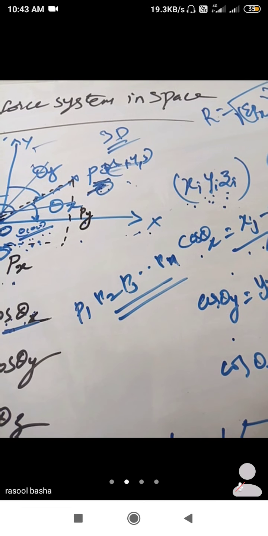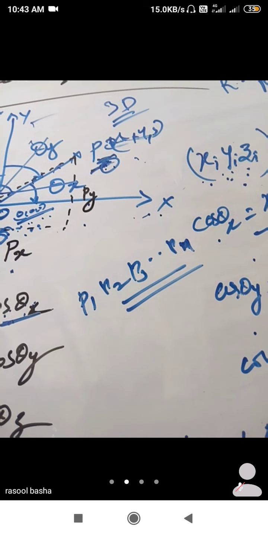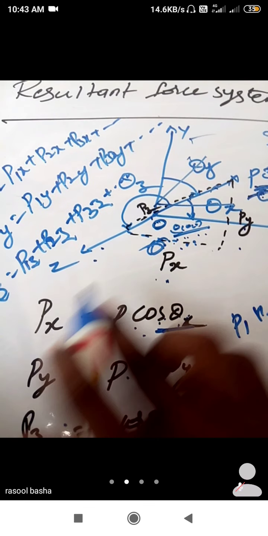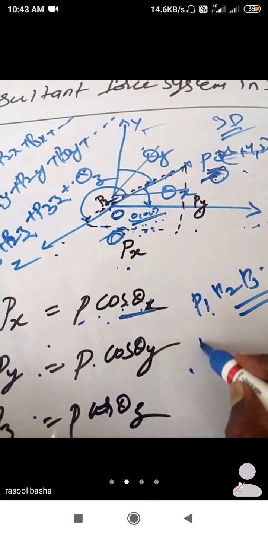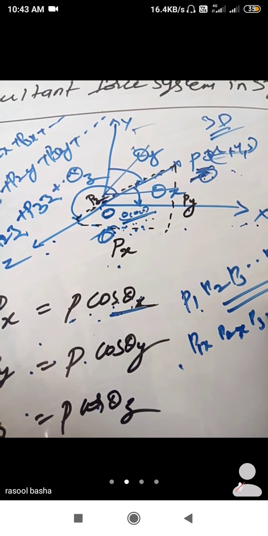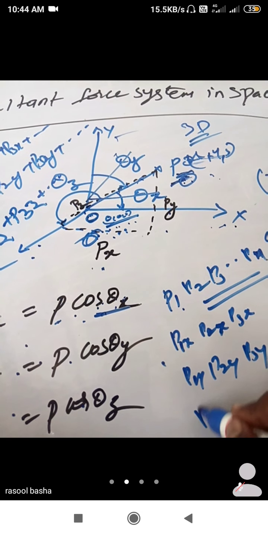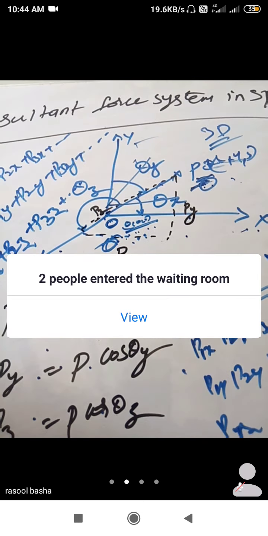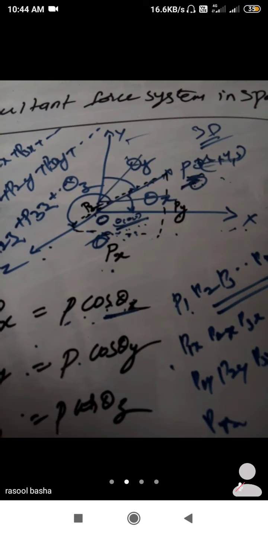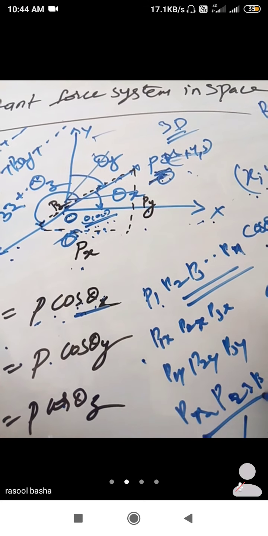In that case, the directions are known, and we can find the values. If for one force we take Px, then for P1 we can take P1x, P2x, P3x, and like that P1y, P2y, P3y, P1z, P2z, P3z. We can find these values also.